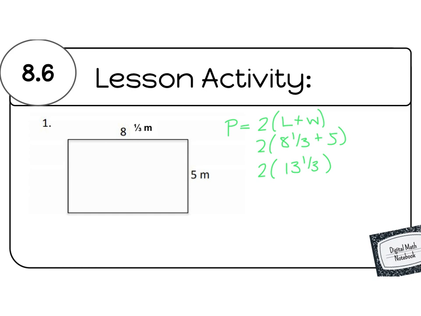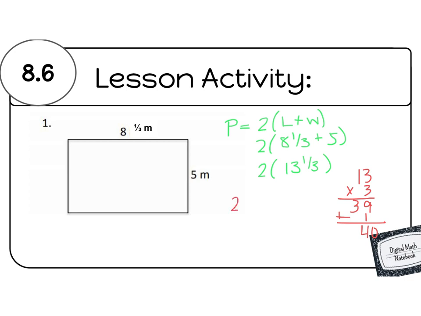Well, I see a mixed number that needs changing to an improper fraction. So 13 times 3, we'll do that to the side because I'm multiplying times the bottom, and then I'll add to the top. 13 times 3, 3 times 3 is 9, 1 times 3 is 3, plus the 1 on top gives me 40.